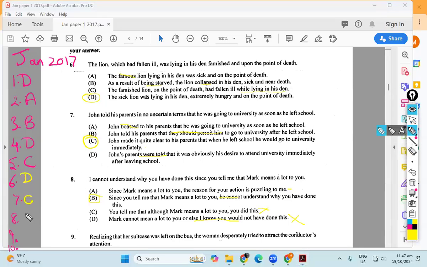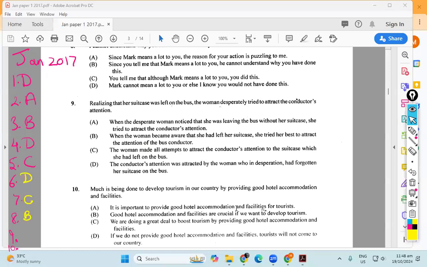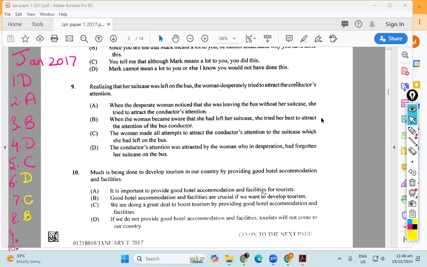All right, so 8 is B. I'm gonna wipe away these scribbles. And I encourage you to use the same method. Read all of them. And when you find a piece that is different, scratch it out.